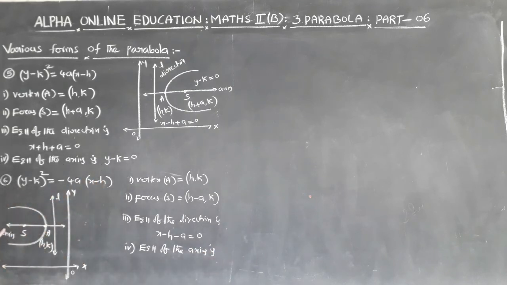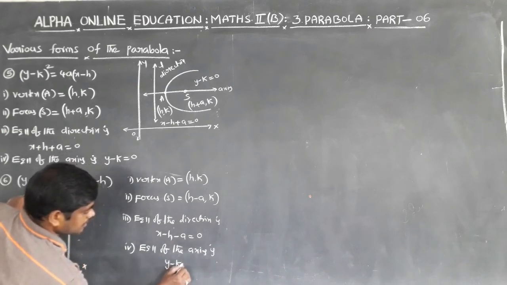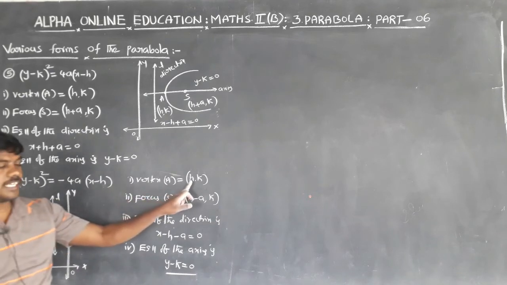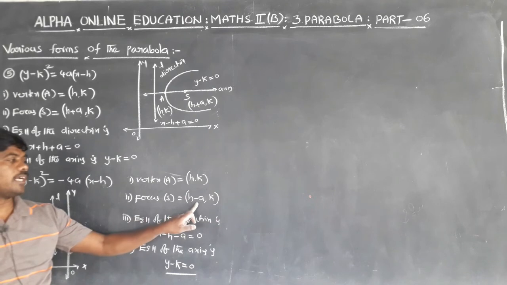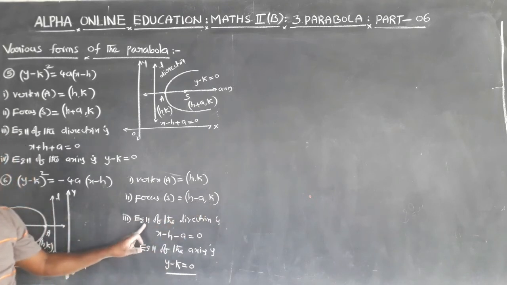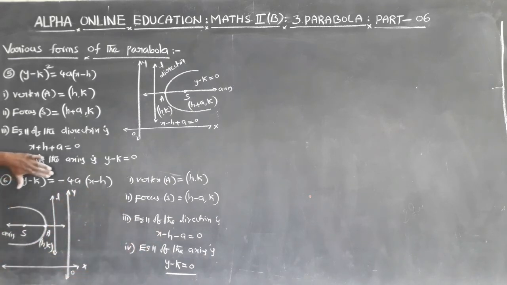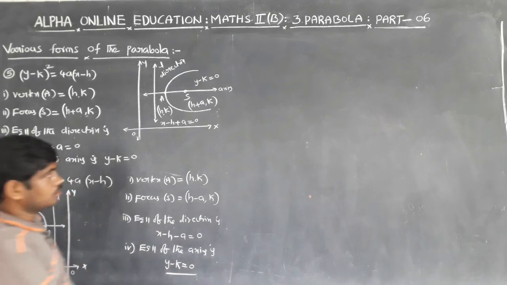Equation of the axis is y minus k is equal to 0. Vertex h comma k, focus h minus a comma k. Equation of the directrix x minus h minus a is equal to 0. Equation of the axis y minus k is equal to 0.